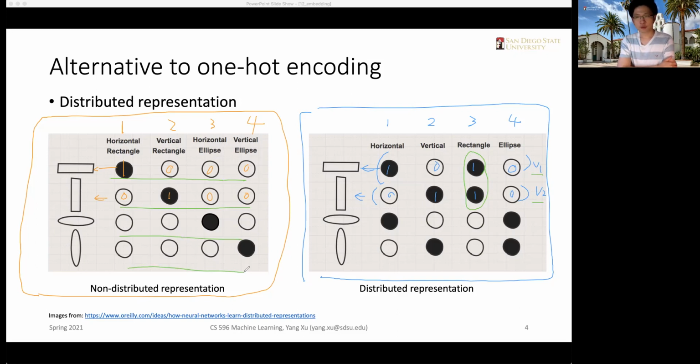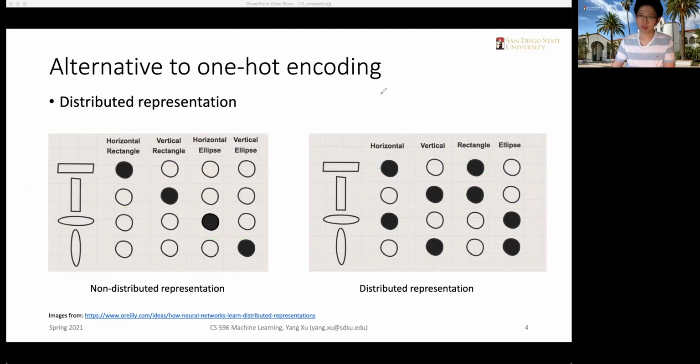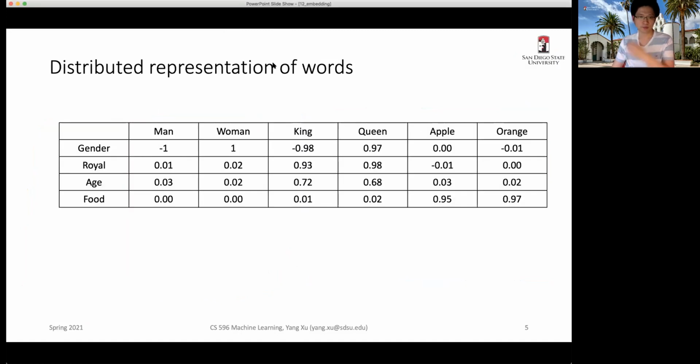We want to use the same technique to represent words, and of course we will need way more than simply 4 features. For example, in this simple example the distributed representation for words uses these features: the first feature is gender, the second is royal, the third is age, and the fourth is food.